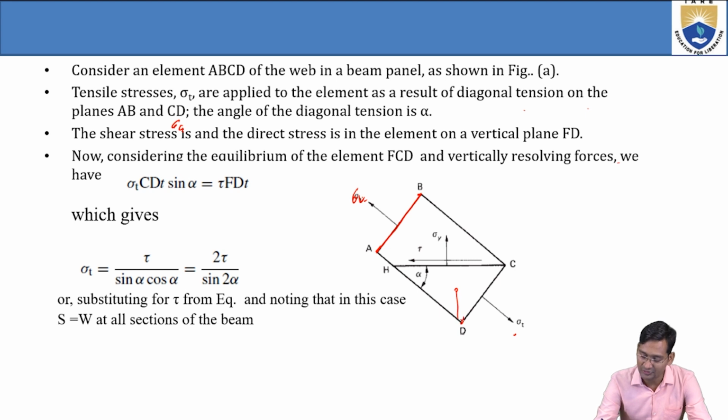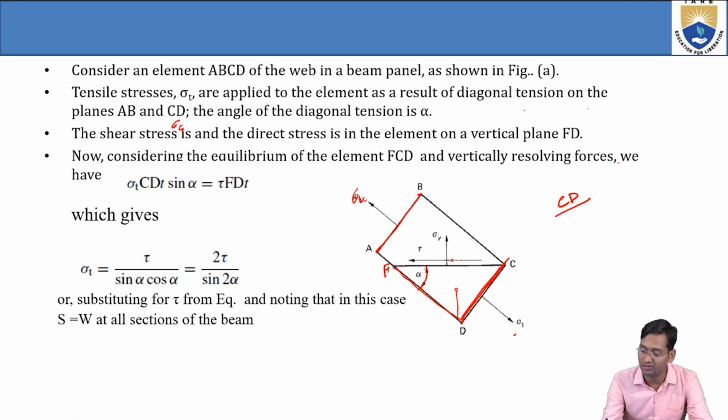So just see here, in this triangle FCD, this is angle alpha. CD, by what we require, the diagonal part, right?